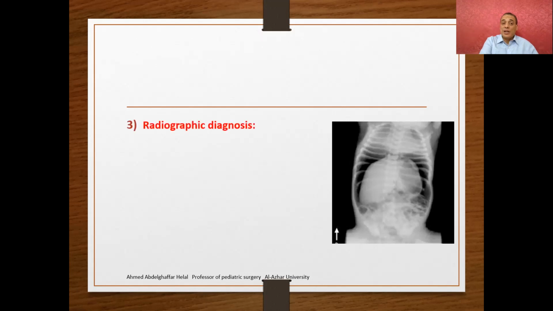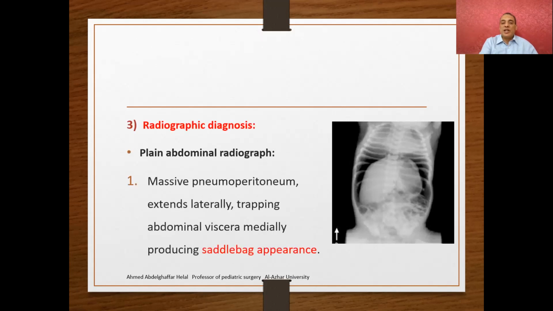The radiological diagnosis is very important and essential. Please perform a plain abdominal radiograph. You will see this picture: massive pneumoperitoneum extending laterally and trapping the abdominal viscera medially, producing a saddlebag appearance.